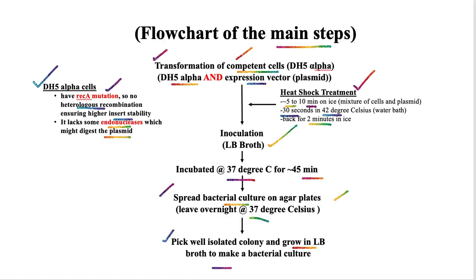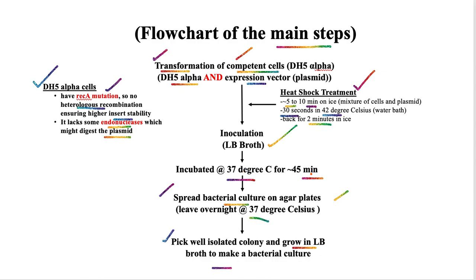For instance, if I go back to these slides, this is when we do the transformation of competent cells, DH5 alpha cells. We pass that through heat shock treatment, inoculate that in LB broth, and then incubate them.